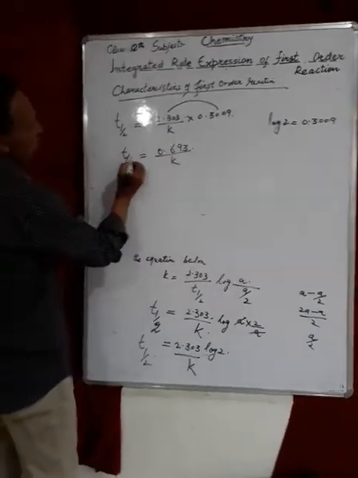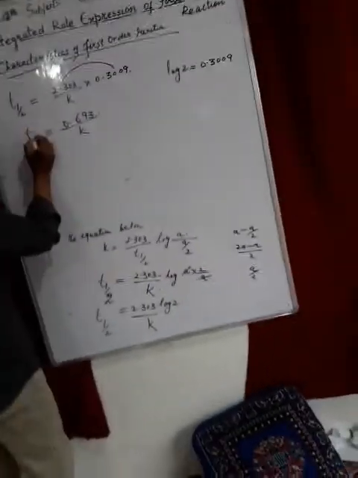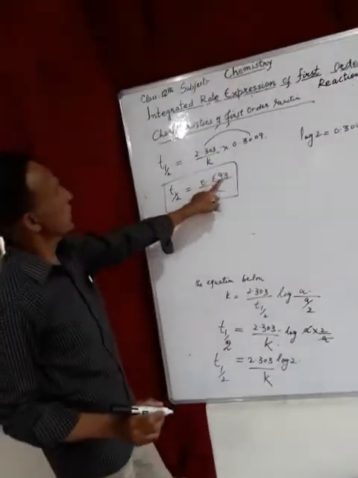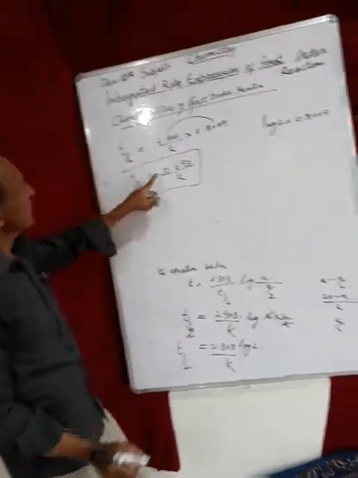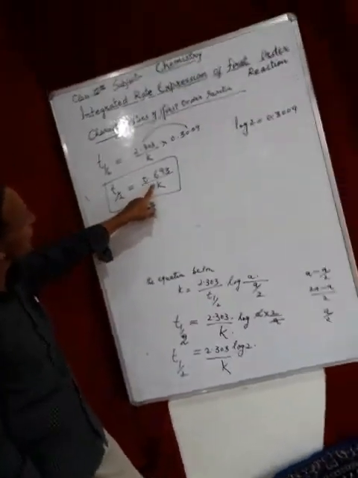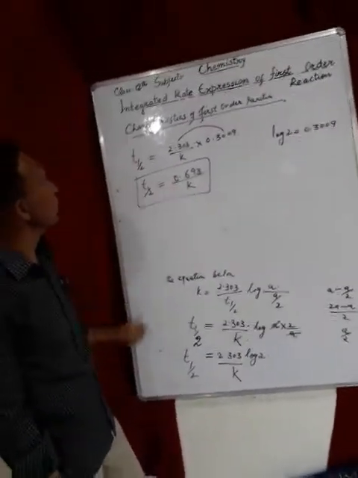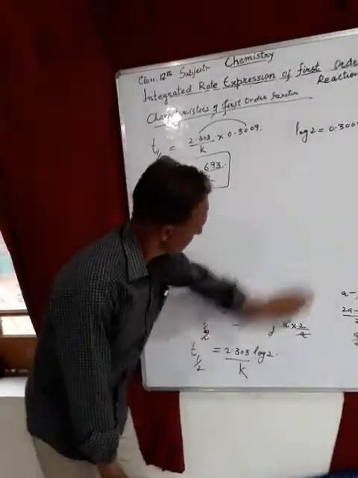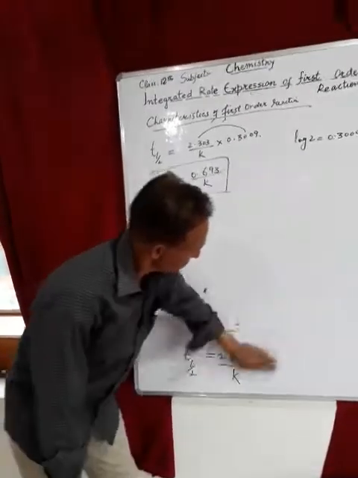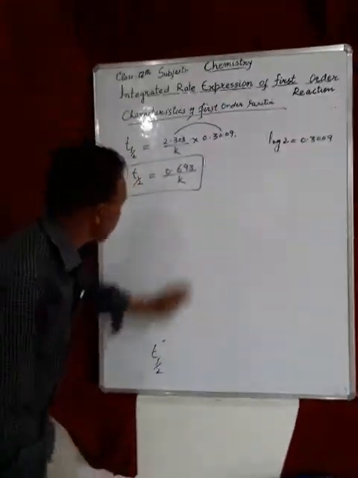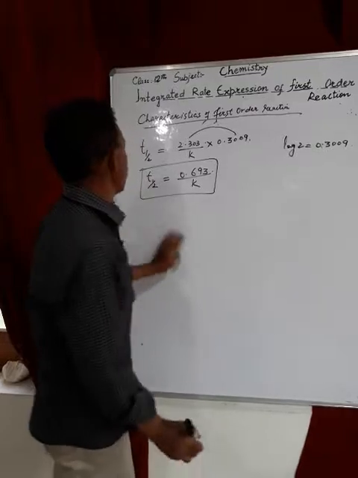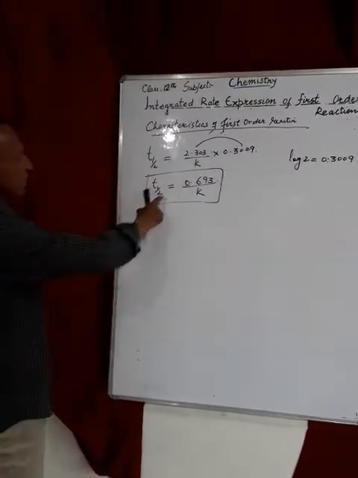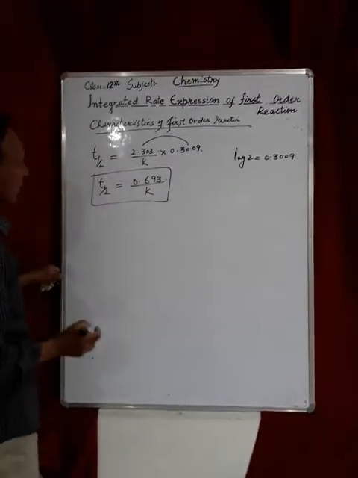So the half-life period of the first order reaction is 0.693 divided by k. It is independent of the initial concentration; it depends upon the rate constant and is inversely proportional to it.